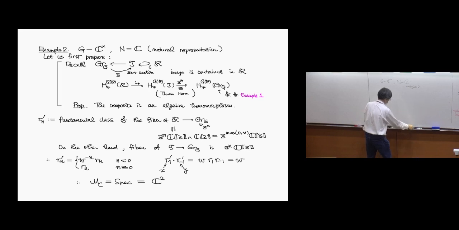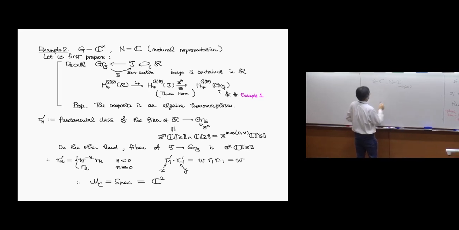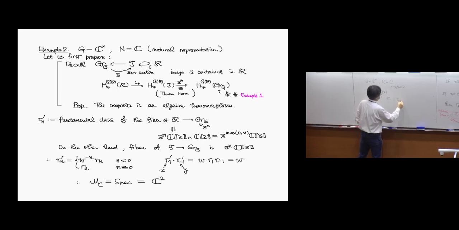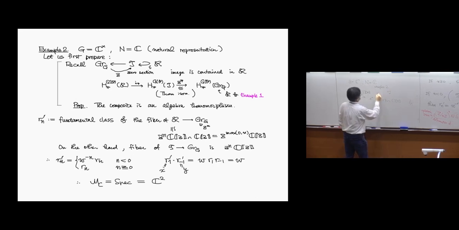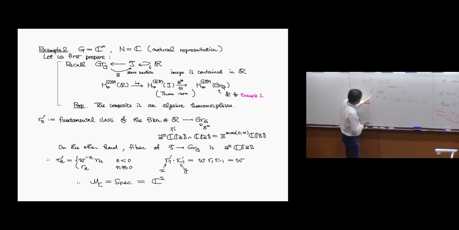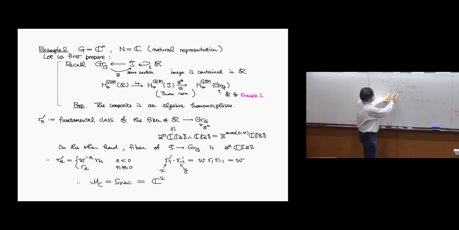Then for T and R, we need to compare C of, I put the dot here. This is T, this is for R. But this is actually coming from the representation, right?